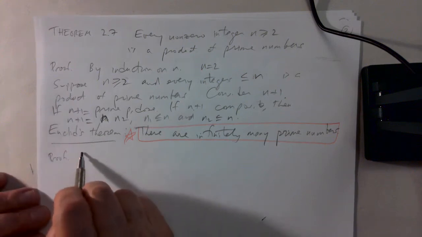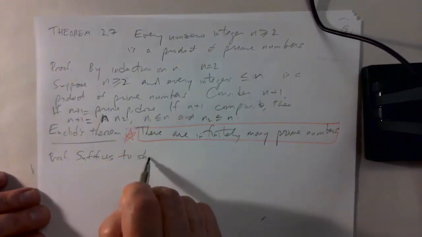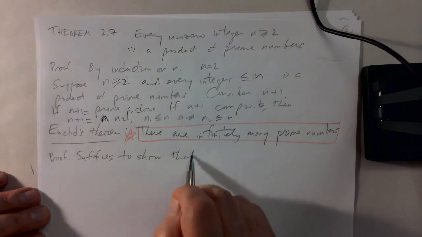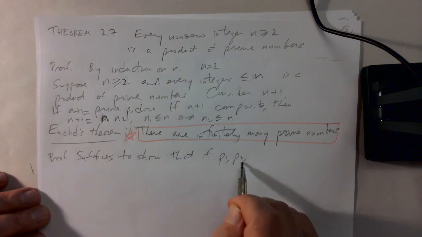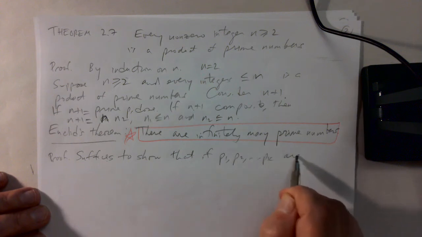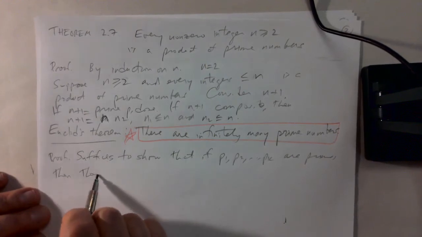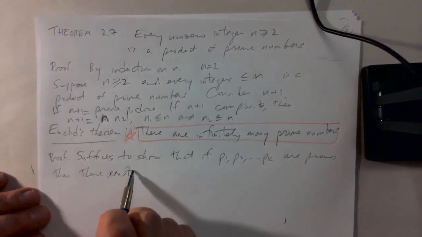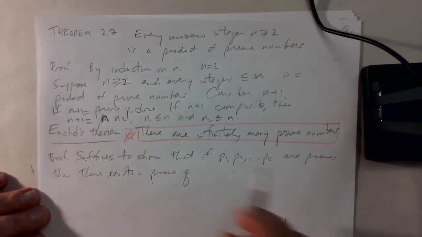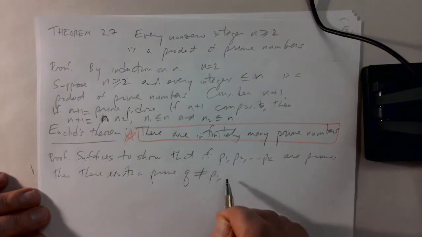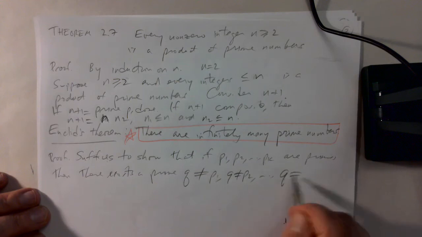So it suffices to show that if you have a finite set of prime numbers, P1, P2, up to P sub k, then there exists a prime, I'll call it Q, which is different from all of these: not equal to P1, not equal to P2, and so forth, not equal to P sub k.